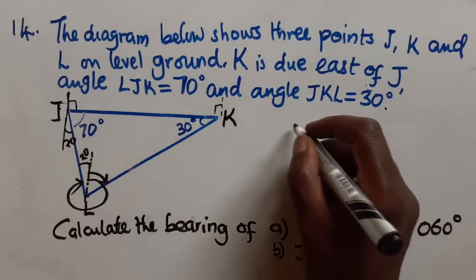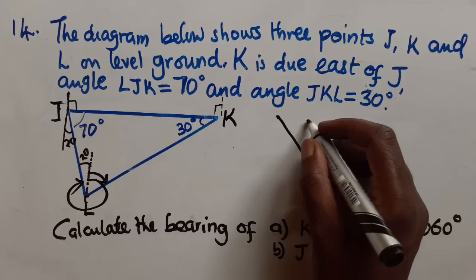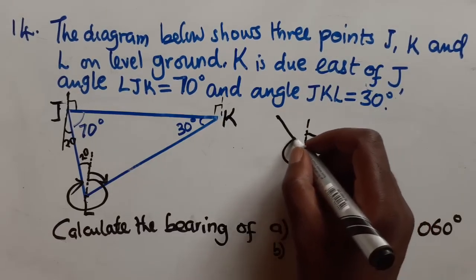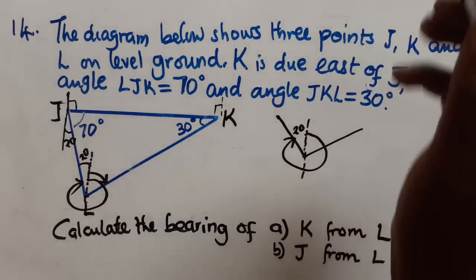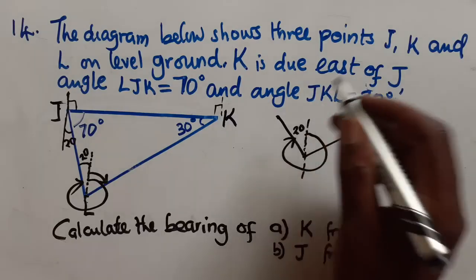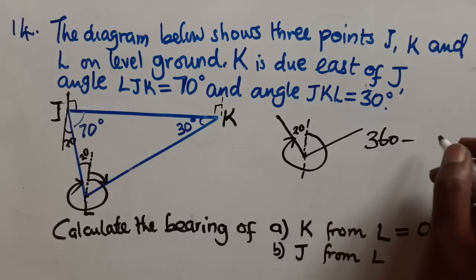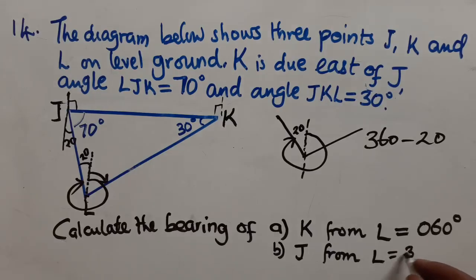We have this case from J, we say it's this angle that we want. And what do we have here? We have 20. This 20 is what we do not want. So you need to remove this 20 from 360, which is a complete revolution. What do you get? You're going to get 340 degrees. That is going to be our answer here.